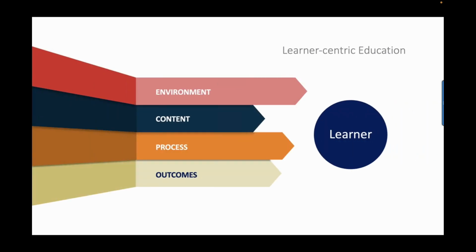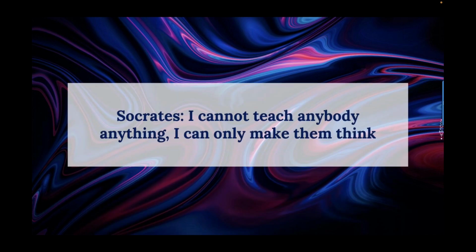However, out of the five, 4 dimensions point towards the learner, and that is why it is called learner-centric education. I am also going to use these quotes by various ancient philosophers and ancient Indian philosophy. They all point to the same thing.